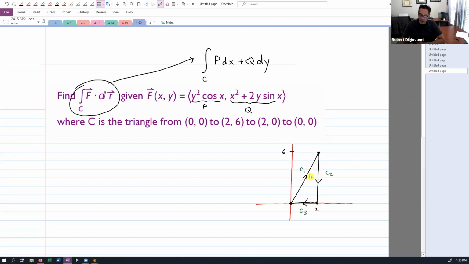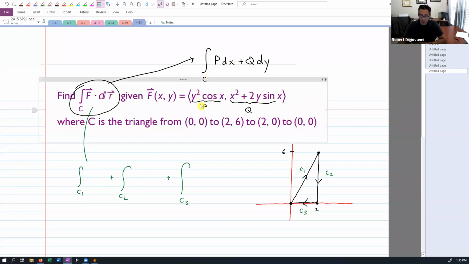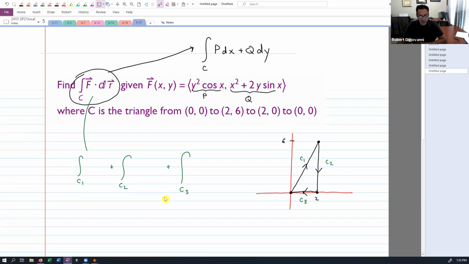I would have to find a parametric representation of each line segment. So basically that would become that over C1 plus that one over C2 plus that one over C3. And then I have to do all this computation. You understand? That would be a very long process, but we could do it.